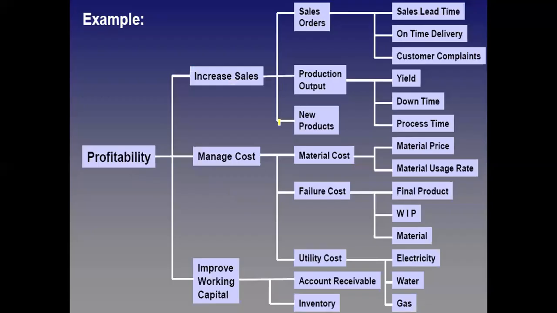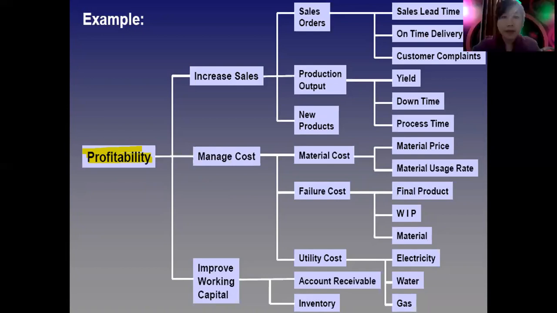This is an example of a Six Sigma project that derives from the business goal. Let's say our business goal, as every business has the goal, is to increase profitability. They can achieve it in several ways: by increasing the sales, increasing the revenue, or managing the costs, reducing unnecessary costs, or improving the working capital.